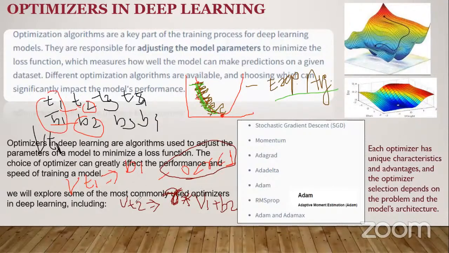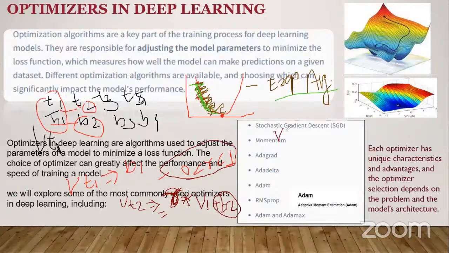Introducing this gamma factor, the reason is that whatever the recent value is, B2 will have more weightage. I told you the value of gamma will be between 0 to 1.